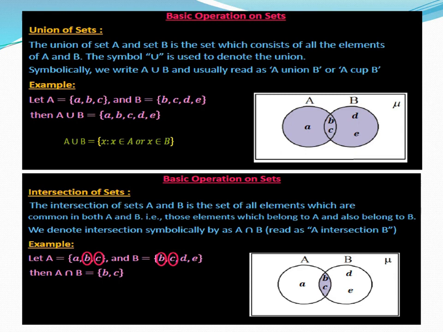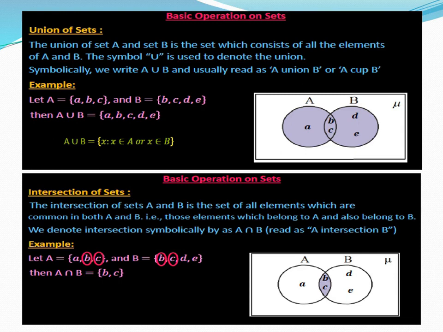A equals the set containing a, b, c and set B containing b, c, d, e. Then we write A union B equals the set of all elements in set A and set B. First you write the elements present in set A: a, b, c, and the remaining elements present in set B: d, e.